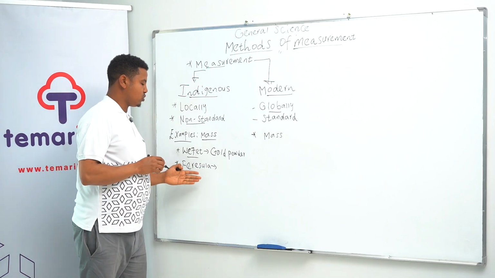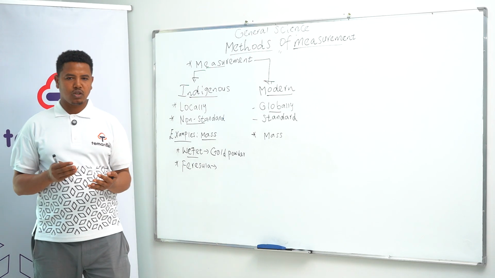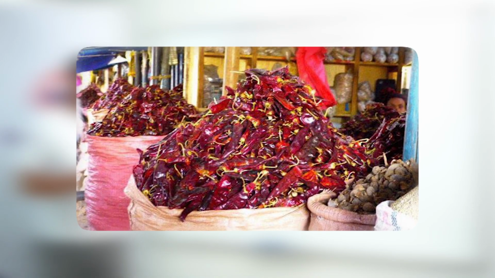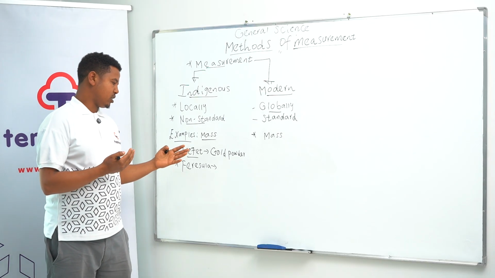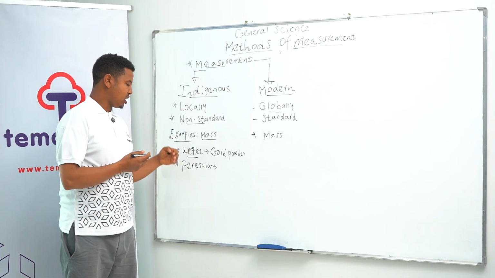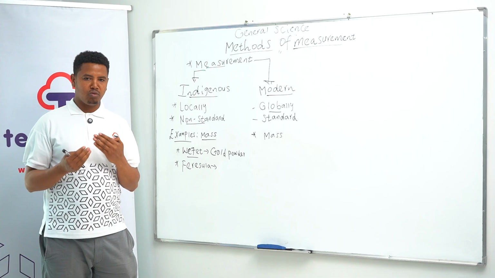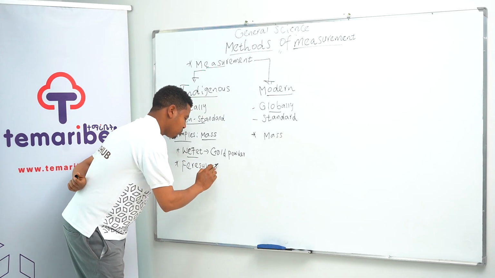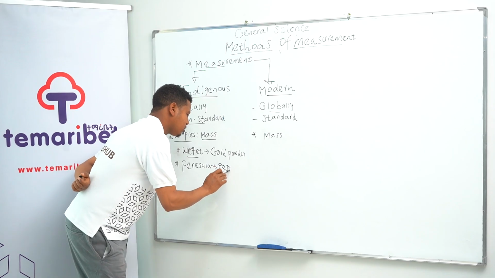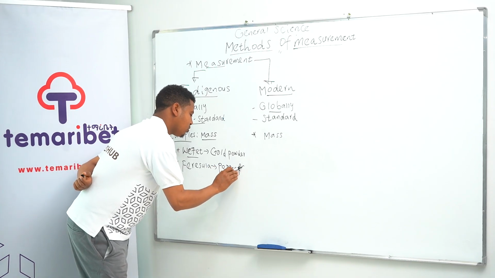which is also used to measure the mass of pepper and coffee, ወይንም የበርበሬና የቡና ክብደትን ለመለካት የምንጠቀምበት አንዱ ዩኒት ነው ማለት ነው። We use it for pepper and coffee.